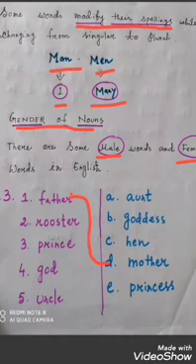Prince is the male word. You will have to match it with the female word. Princess. Prince, princess. Then number 2 you see rooster, hen. So, I hope everything is clear to you. In this way, you can match the male words to the female words.